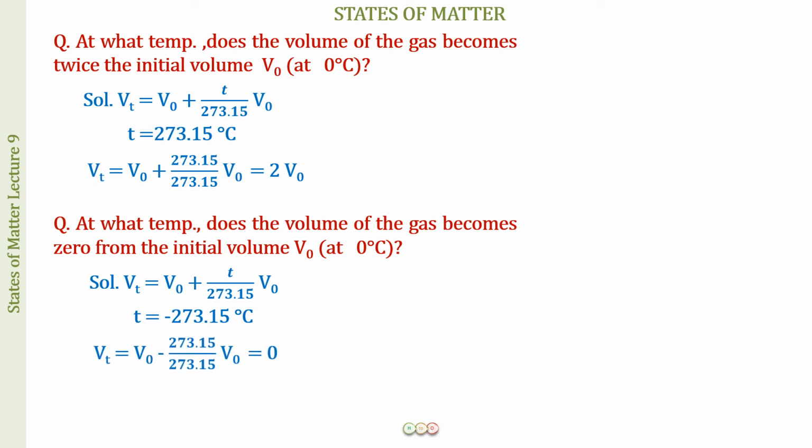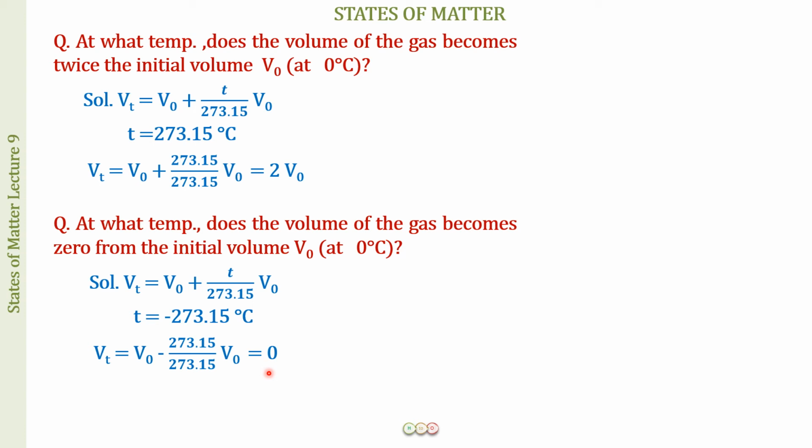So you can see that when we put the value as minus 273.15, this is going to cancel out. V naught minus V naught is going to be left behind. We will be getting the volume to be zero. So what do you understand from this? What we understand is that when we decrease the temperature to minus 273.15 degrees Celsius, the volume of the gas is going to become zero.